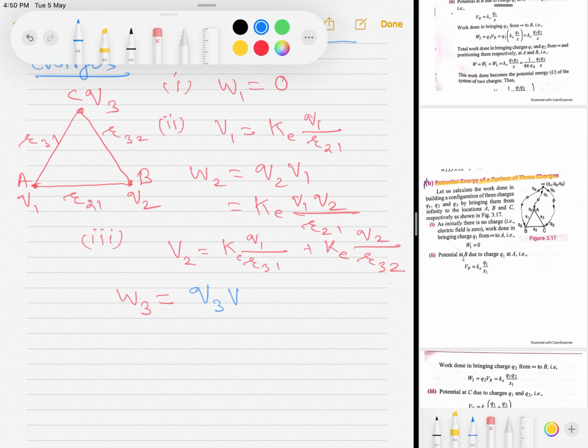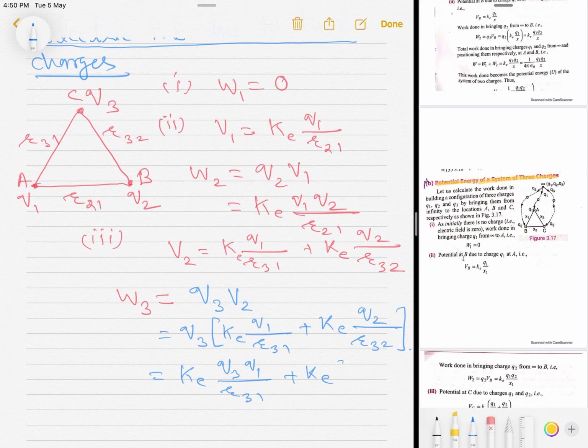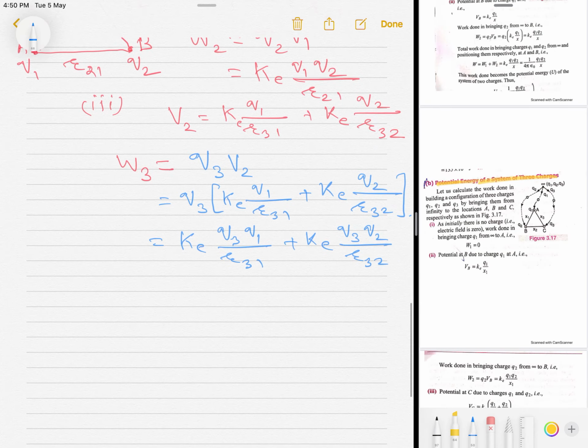So, W3 will be q3 into V2. Now, put the value of V2, then you will get Ke q3 q1 upon R31 plus Ke q3 q2 by R32.